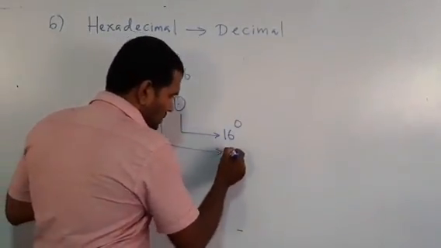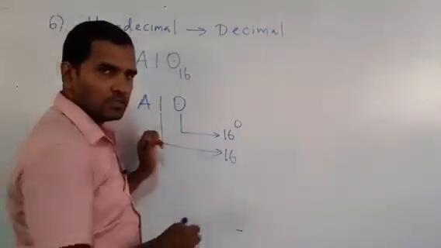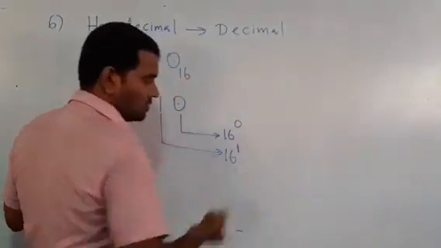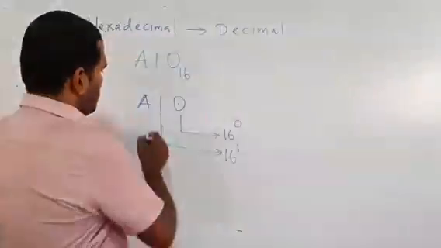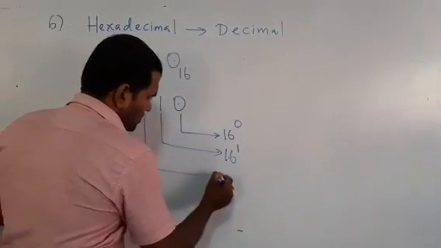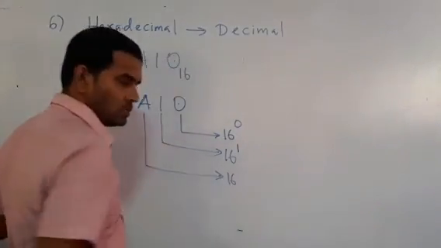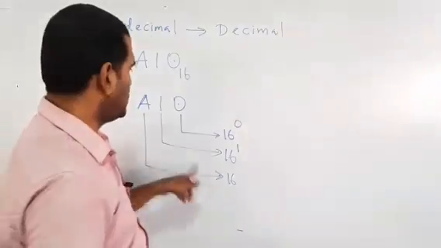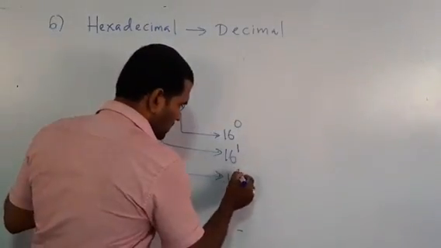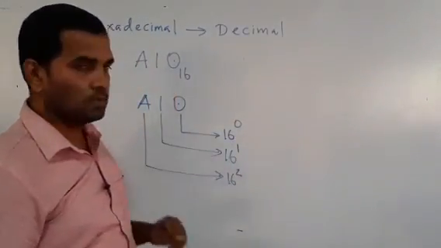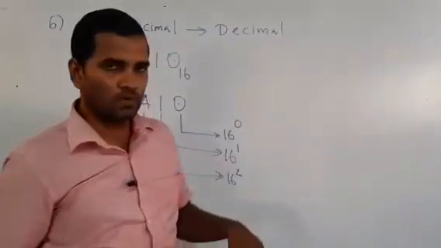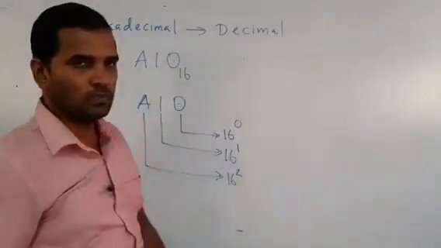It is 16, yes, but it is in the next position, so it must be 16 to the power 1. The third one, yes, it is also hexadecimal, so 16, where it is in the second position. 16 to the power 0, 16 to the power 1, and 16 to the power 2.